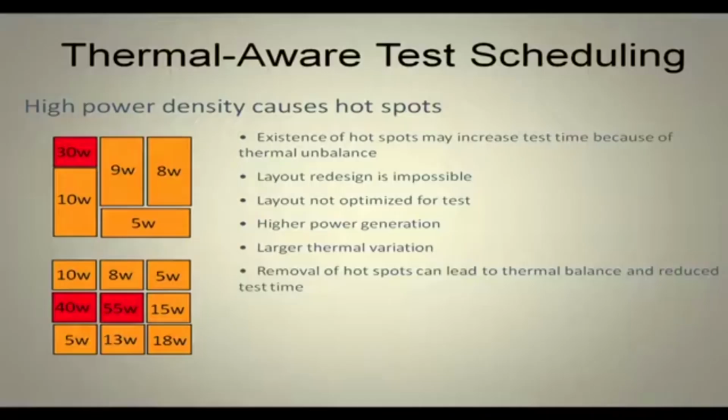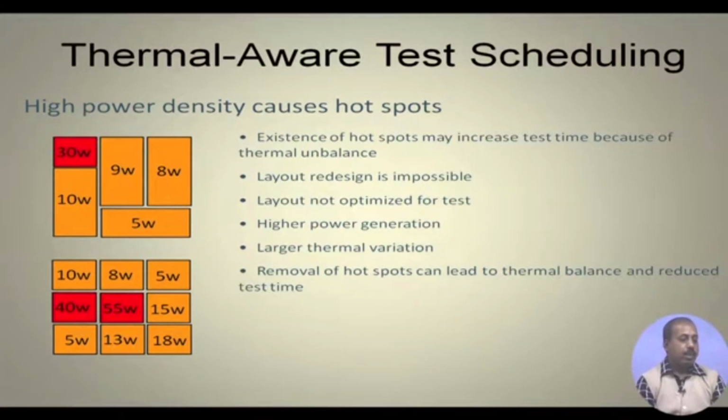But from the testing angle, we want to put modules that do not consume a lot of power close together, because if two high power consuming modules are close, the power density of that region will go up. To avoid it we may like to do the layout in a different fashion, but that is not possible for the test engineer.